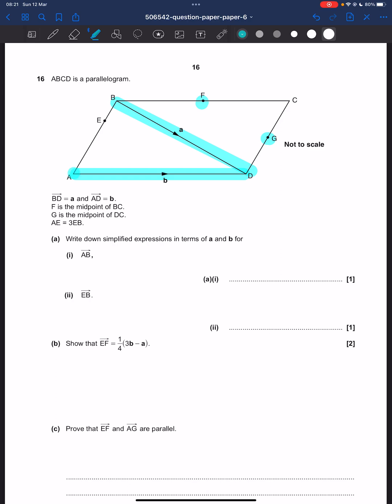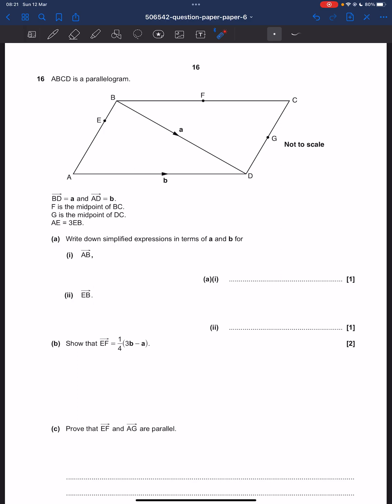And A to E is 3 times E to B. Right, I think I've got all that then. So AE, that line there, means that distance there is 3 times the distance there. So if that was 30, that would be 10. If that was 6, that would be 2, etc.